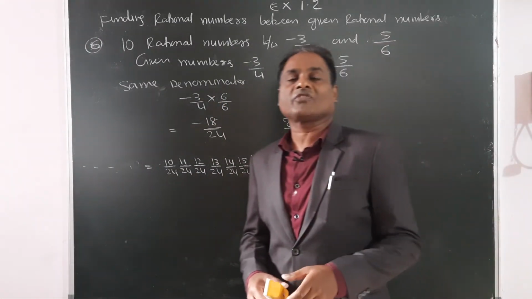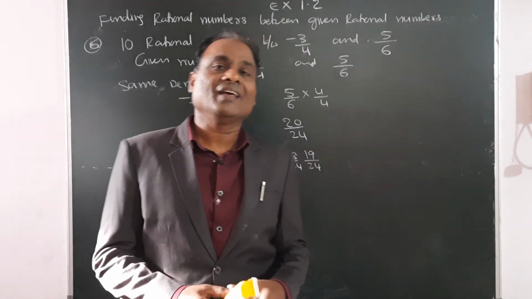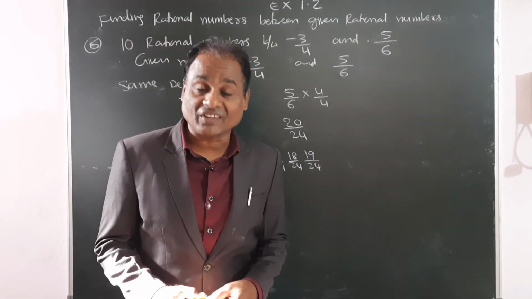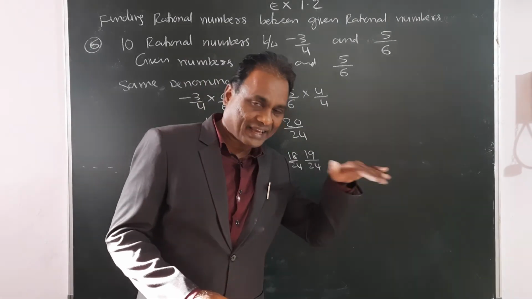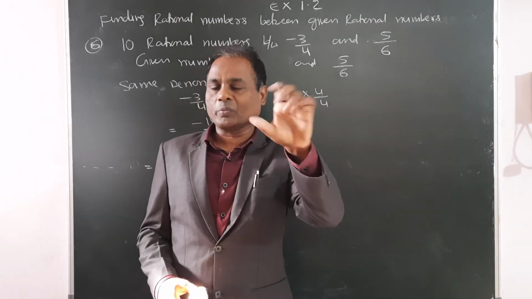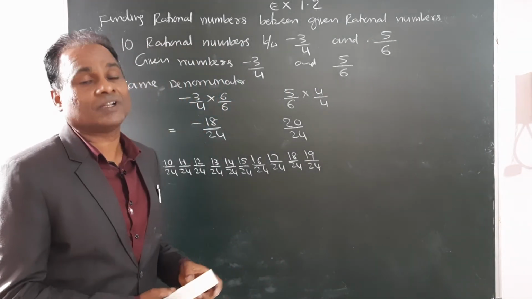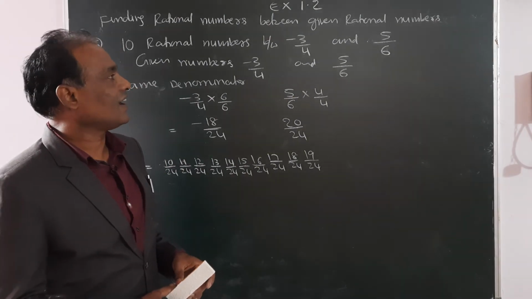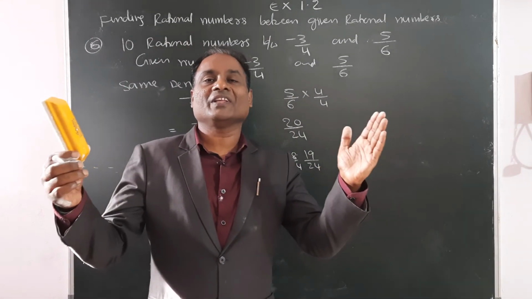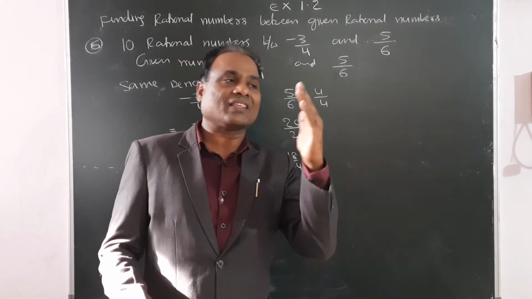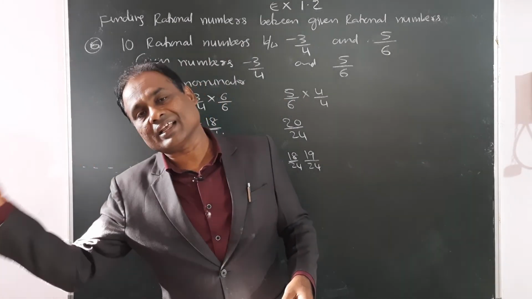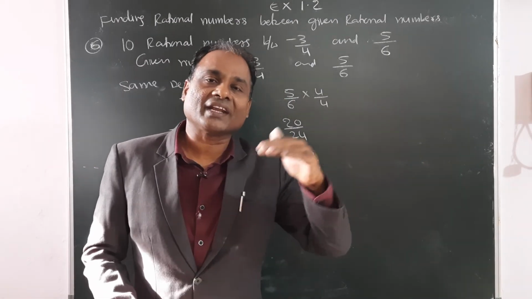In this we solved two types of problems. One is representing a fraction or rational number on a number line; the first two problems were based on that concept. The next is writing numbers between two given rational numbers, or less than or greater than a rational number. For that we studied two methods.